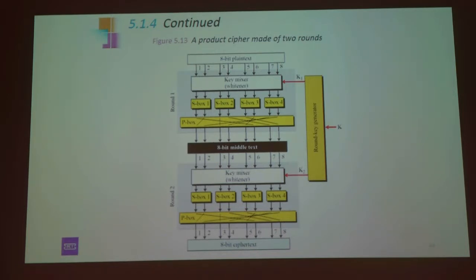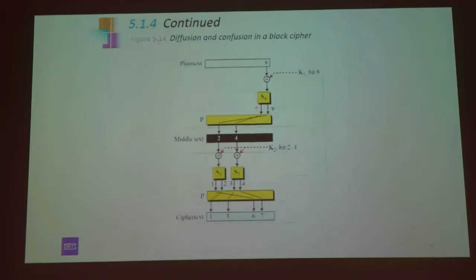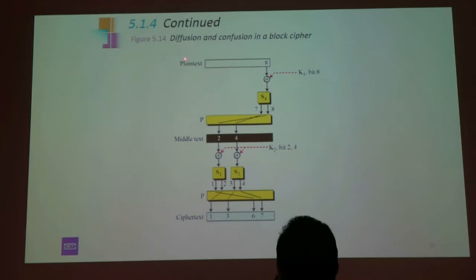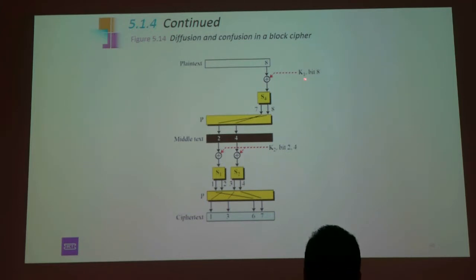All right. So in here, this is just an example. Basically, we're talking about confusion and diffusion. If you'd be kind enough, follow along with me. Start with the 8-bit plain text in here, and you have key one. You XOR the 8 bits with something from the key. When you XOR it, it gives you some data that is different, changed.